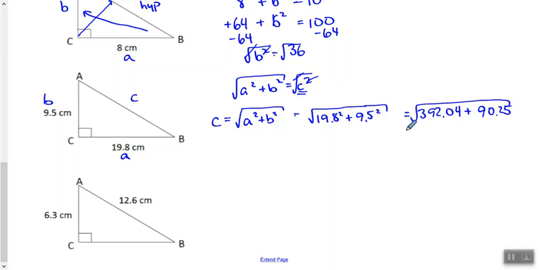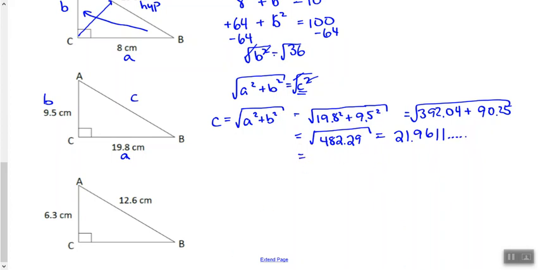And we square root that after we add them, so adding those two numbers together, we get 482.29. And lastly, square rooting that number, we get 21.9611, and so on and so forth.